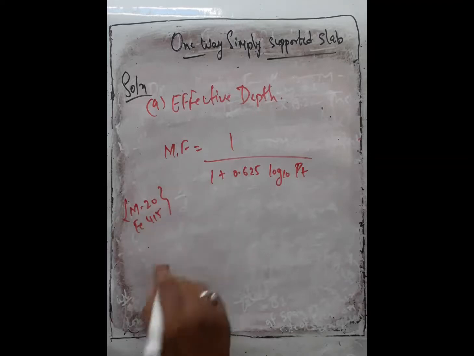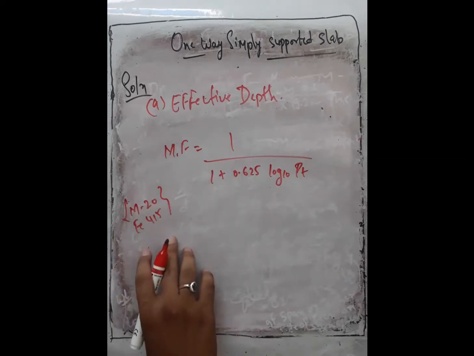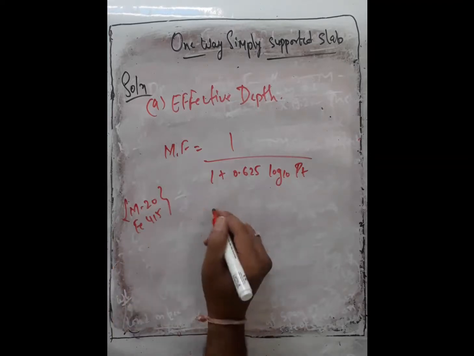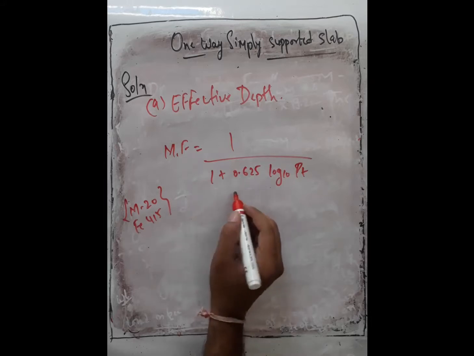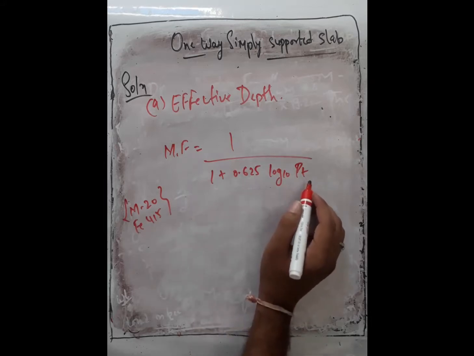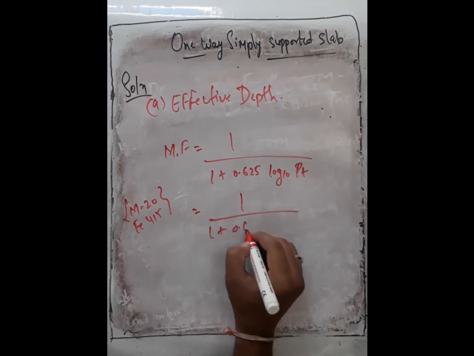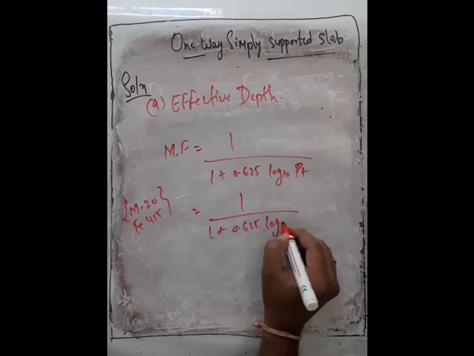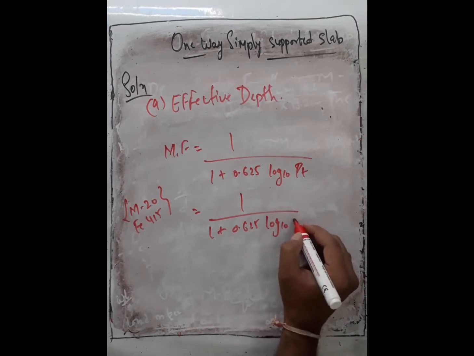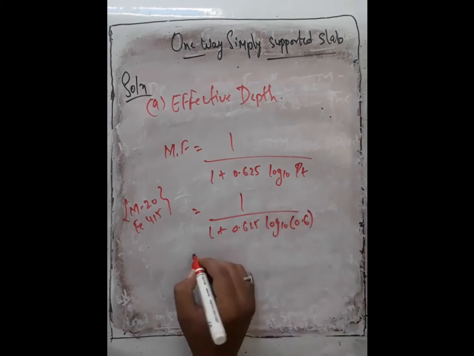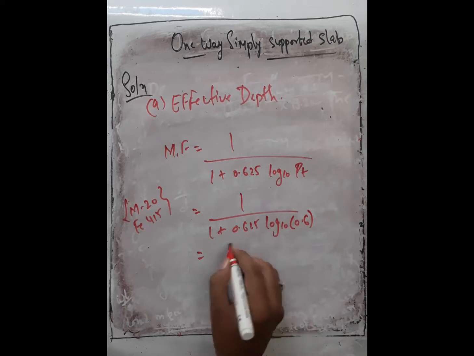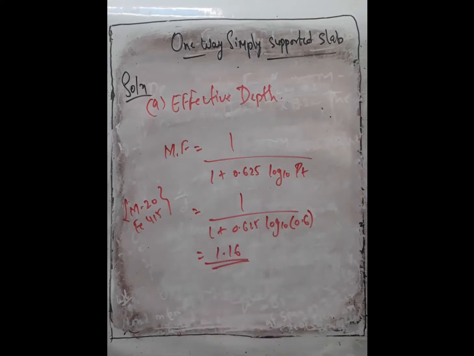If you are given M20 and Fe415 then you use this formula. Here we assume pt is 0.6.